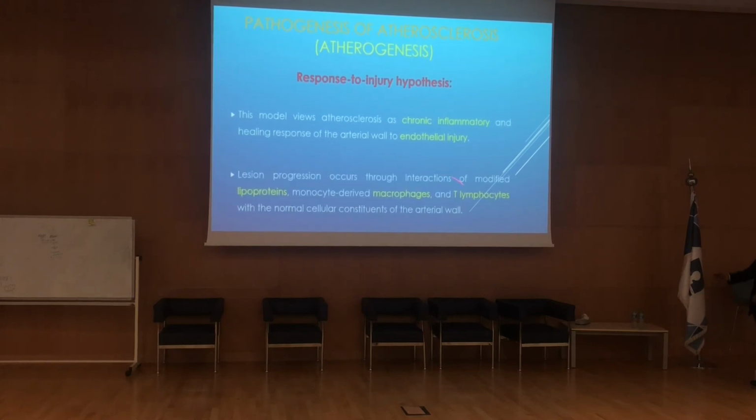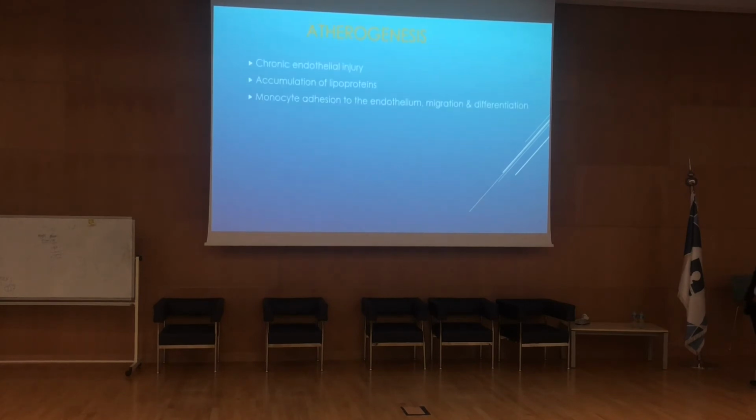So the lesion progresses: modified lipoprotein, macrophages, lymphocytes interact with each other, right? So what happens then? You have to have a chronic endothelial injury, number one. Accumulation of lipoprotein: once the endothelial cell is injured, it allows the lipoprotein to come in.